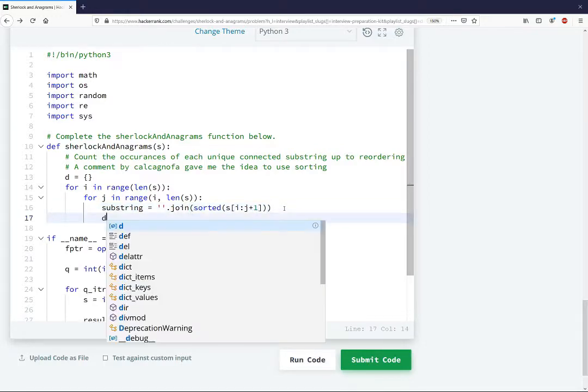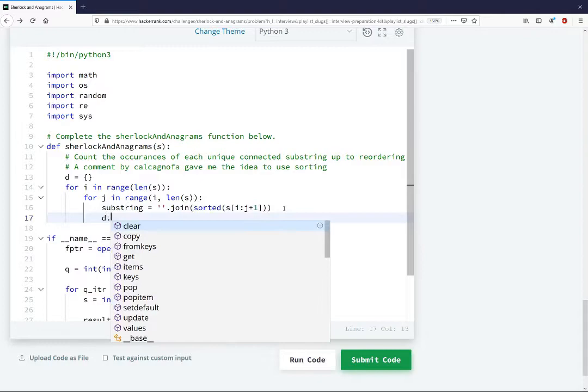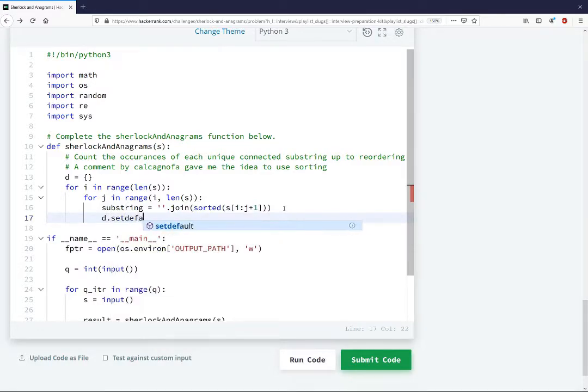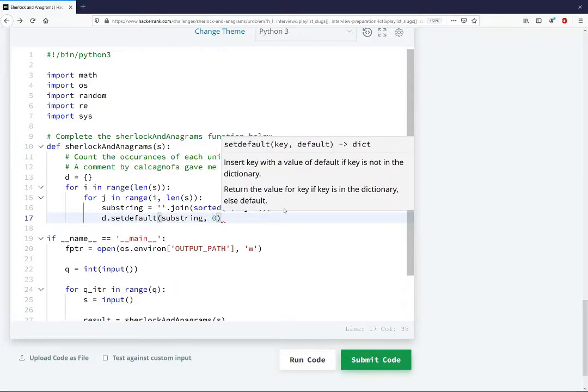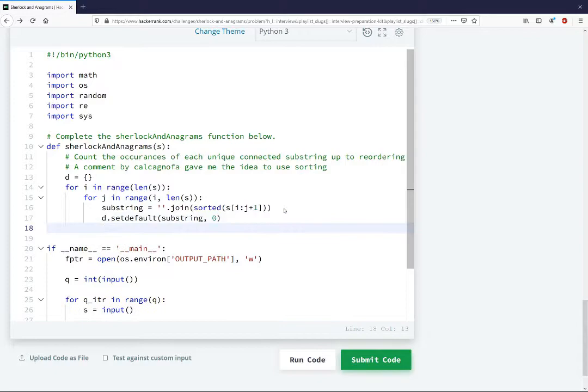And then we do this thing that we've done before, which is we take our dictionary and we set the default value of substring to be 0. So we make sure that the substring is in the dictionary if it's not already there, and then we increase its value by 1. So these two lines are the things that come up a lot, and these are really useful for defining dictionaries.